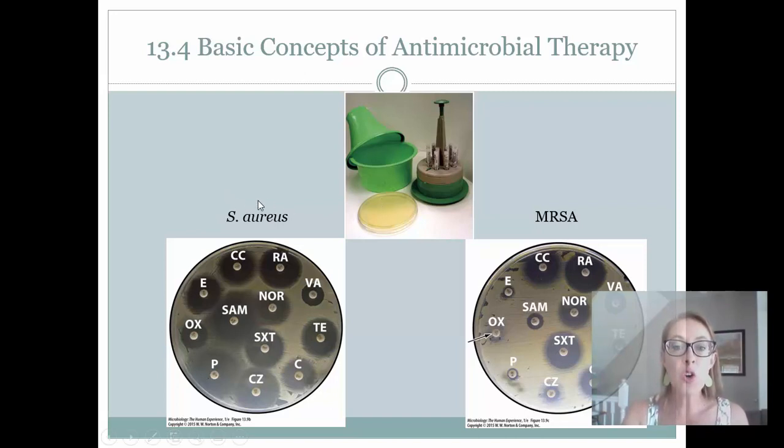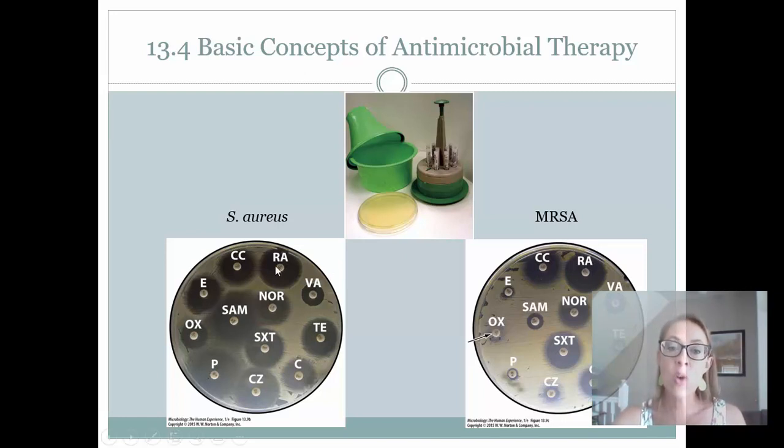So let's look over here at first. This is a plate that has been inoculated with a lawn of Staphylococcus aureus bacteria. I don't care that you know any of the specific antibiotics that we're looking at, but what you'll notice is that this particular species of bacteria is susceptible to many of these antibiotics.